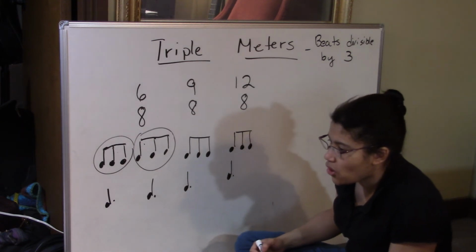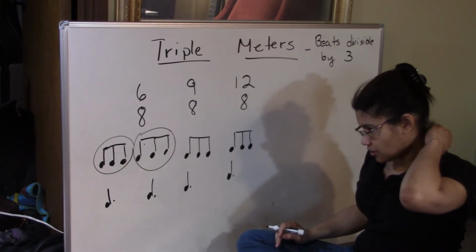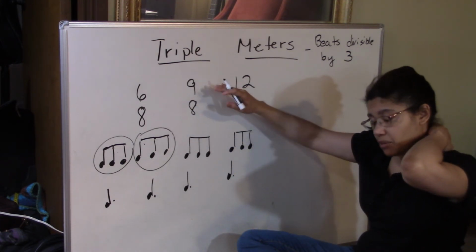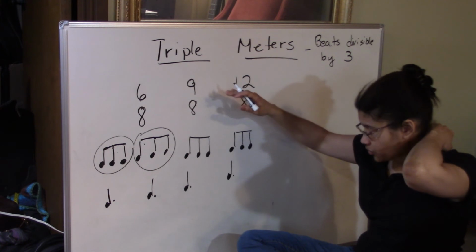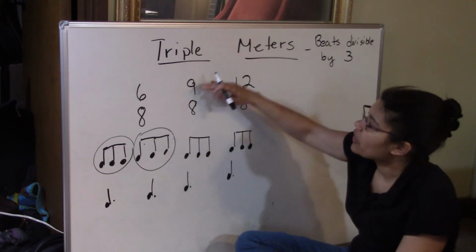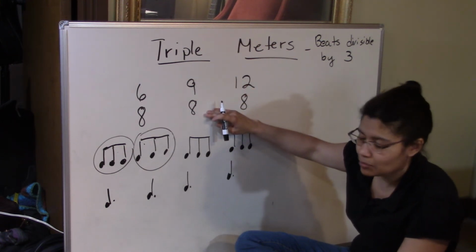So the first question that I want you to answer is telling me about each number: what the top number of the meter tells you, and what the bottom number in the meter tells you. You'll remember that this is the number of beats per measure, and this is what gets the beat.